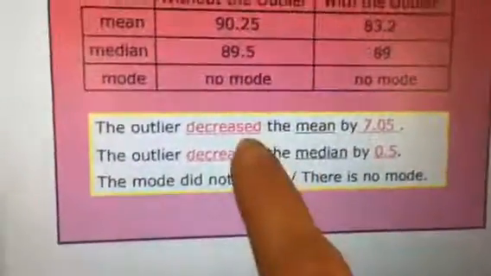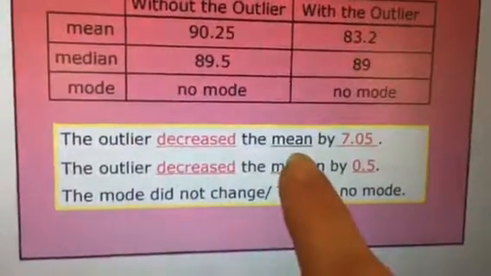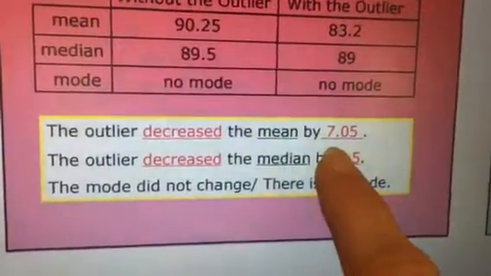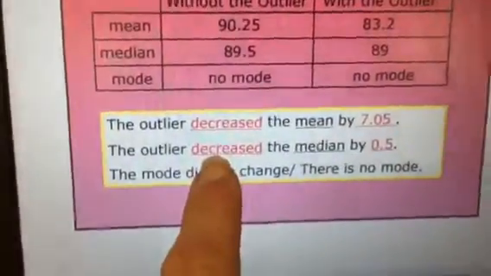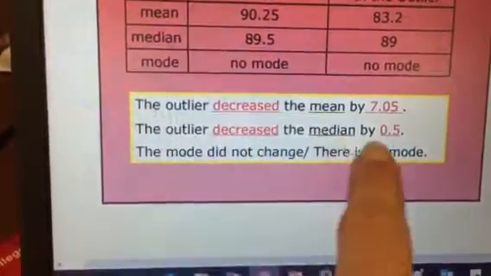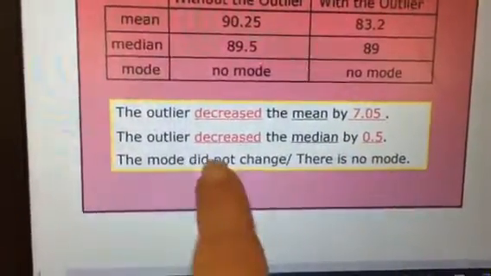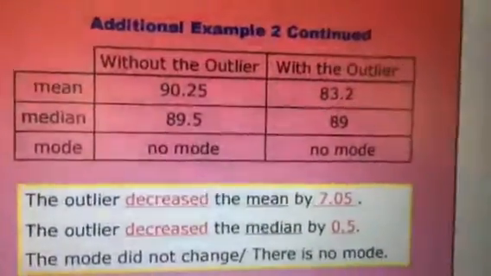You can see that for this pretend data, the outlier decreased the mean by a lot. So this must have been an outlier that was much smaller than the data if it's decreasing the average. Okay, the outlier decreased the median by only 0.5 and there was no change to the mode. So that's the process you should and could go through with the real estate data.